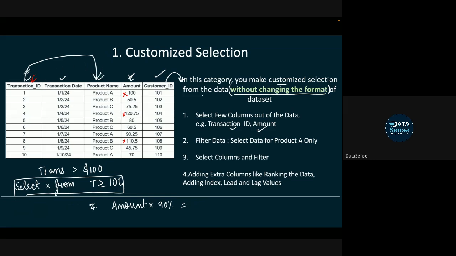Okay, it has not changed the primary key of the table, because it remains the same. You just have filtered. So basically, when you filter columns, when you filter rows, when you do a specific selection, these are called customized selection of the data, where you are either selecting a subset of the data, or you are adding a new column, something like that, without changing the primary key of the data. Okay.